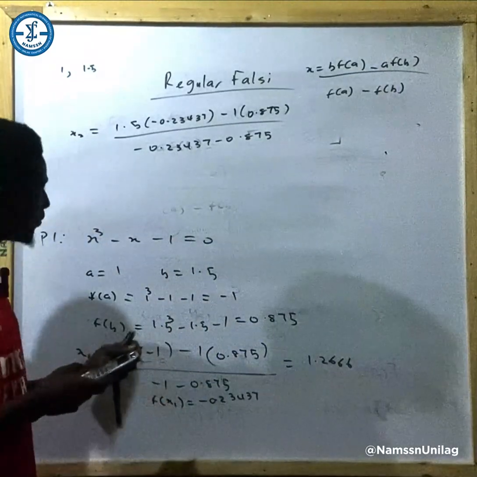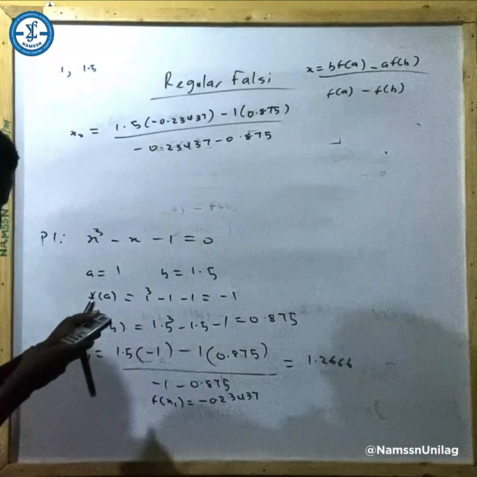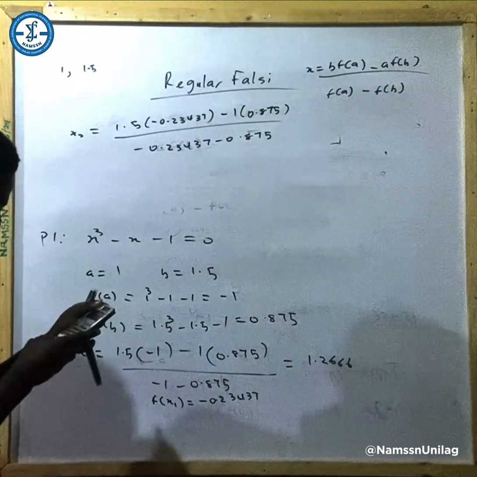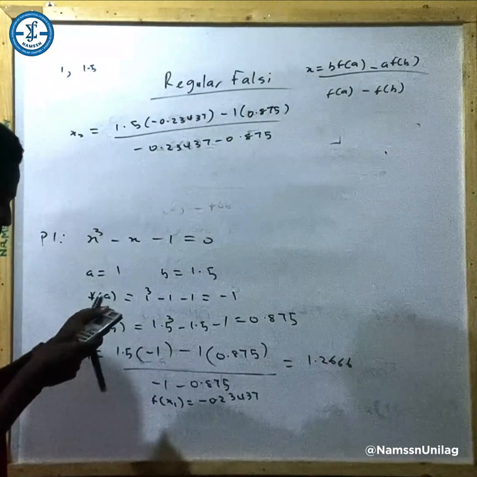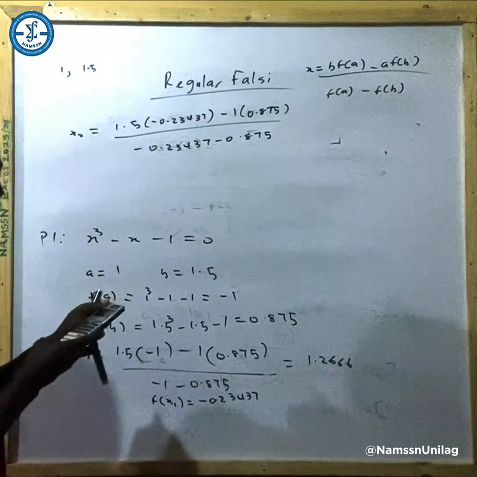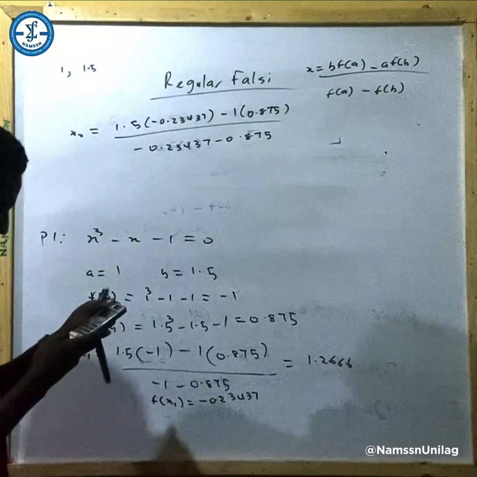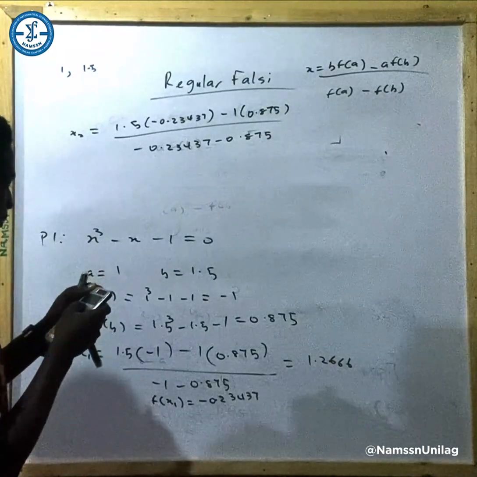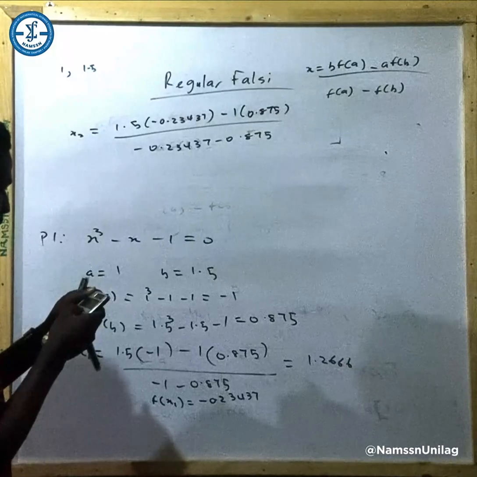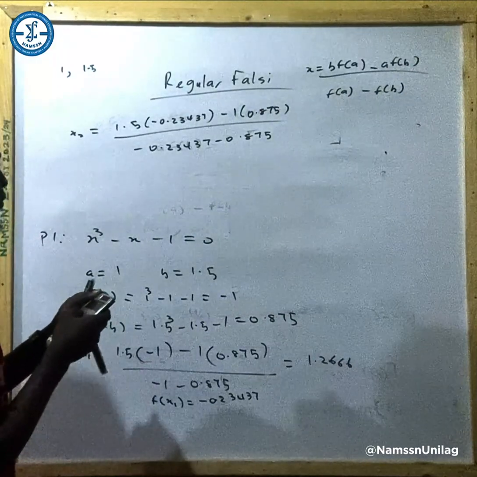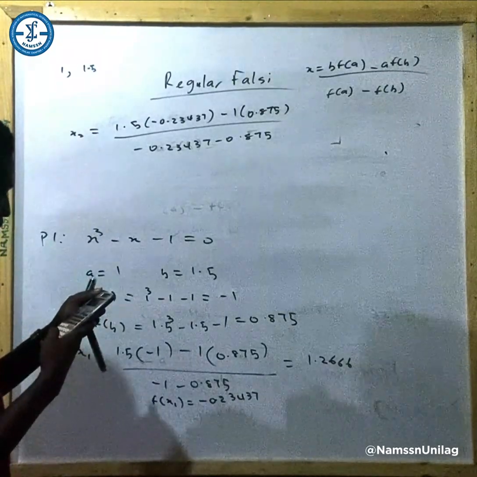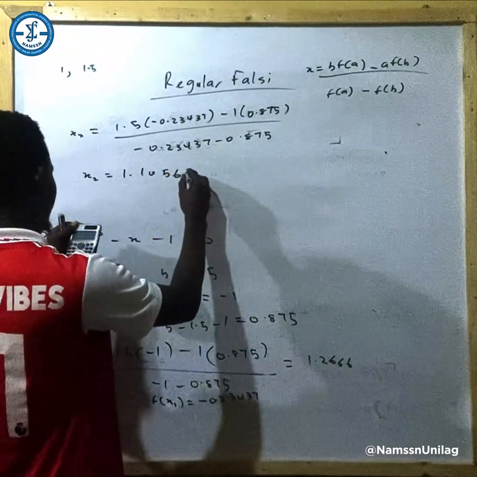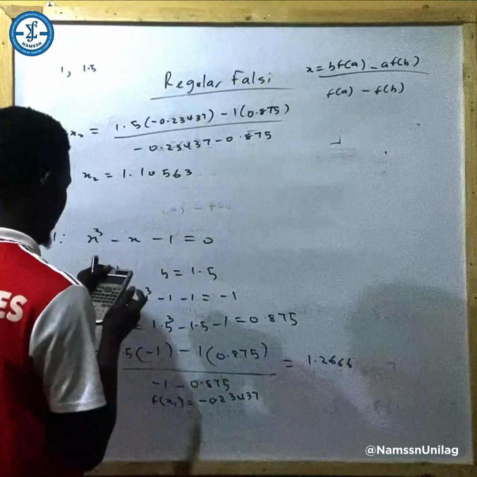So my x2 is 1.1056. Let's check if it's positive or negative.